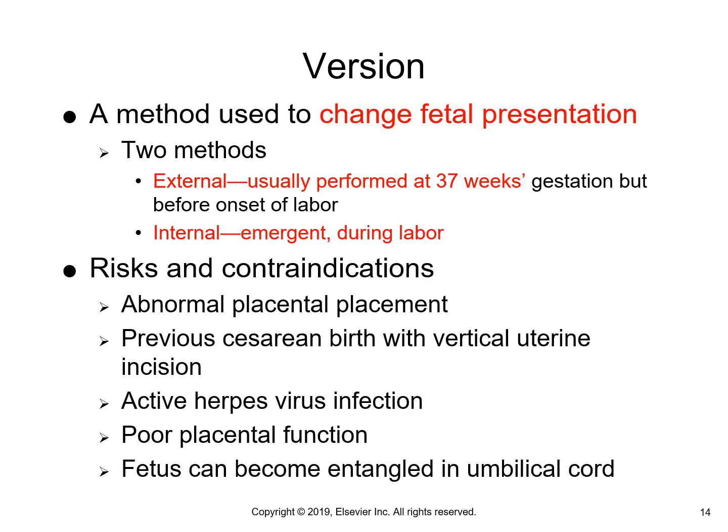But before this procedure, the woman should receive a tocolytic drug to relax her uterus during this procedure. It's because if you don't give the tocolytic drug, whenever that healthcare provider is actually touching that uterus, it could stimulate a contraction. That's why it's very important to give the tocolytic drug.